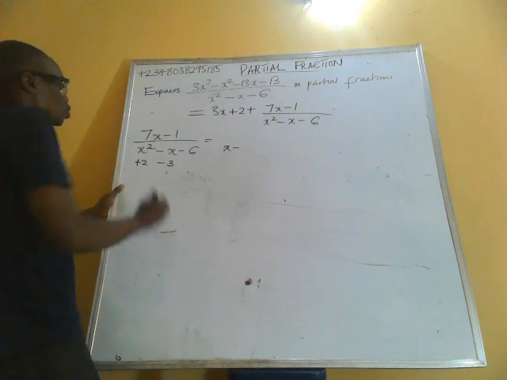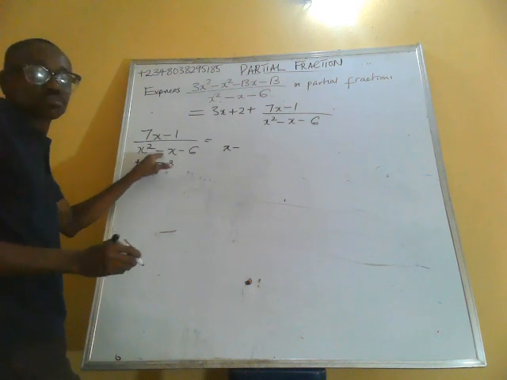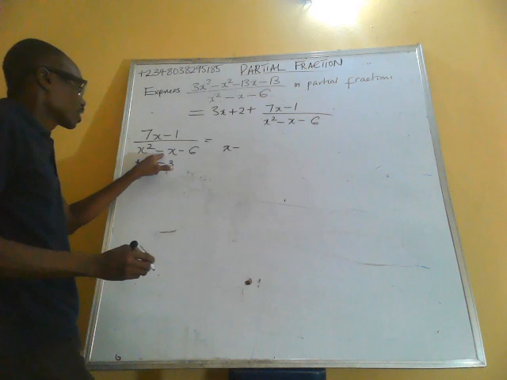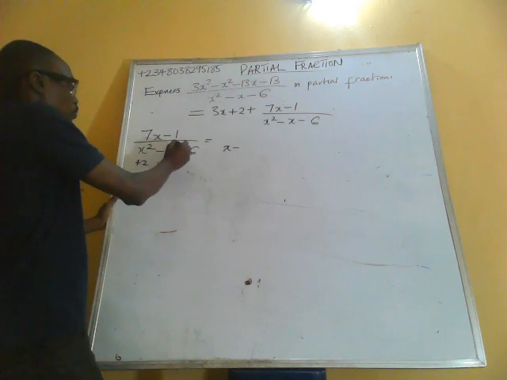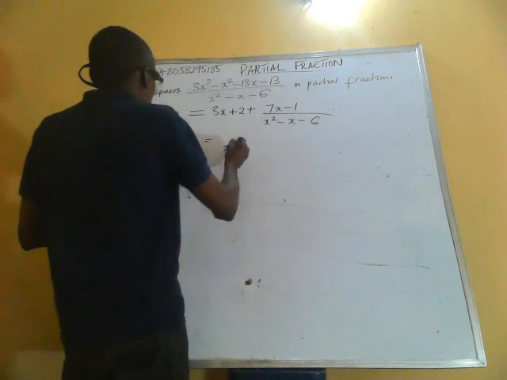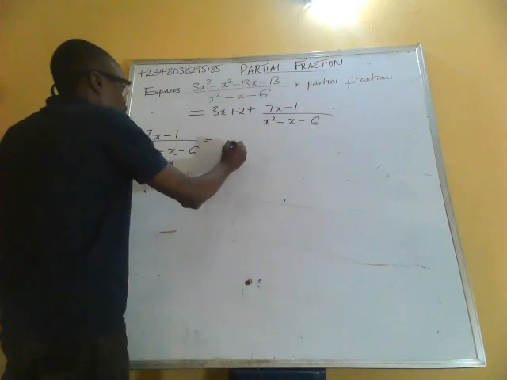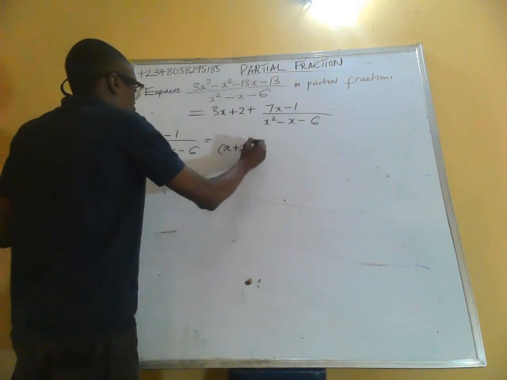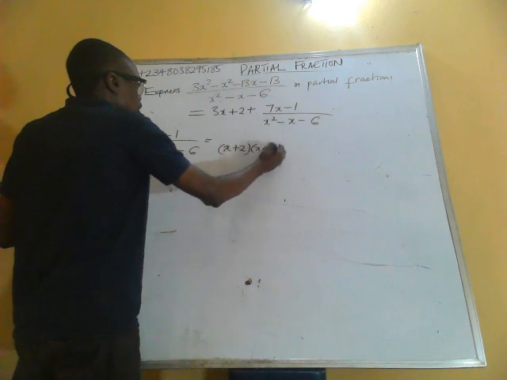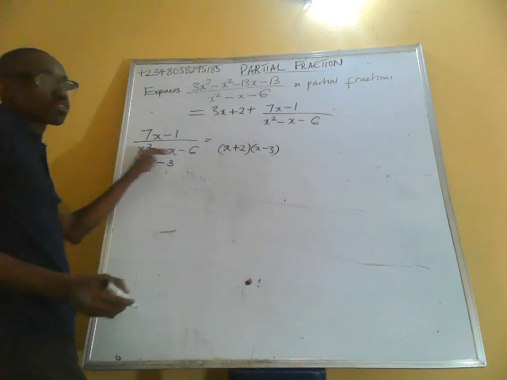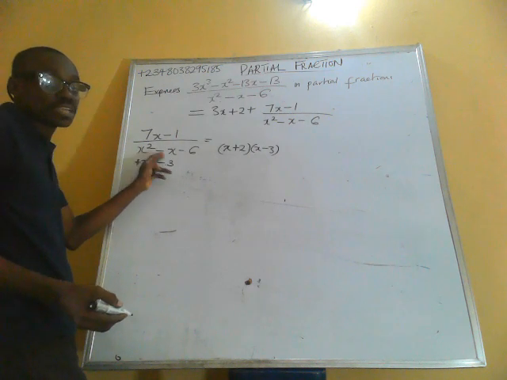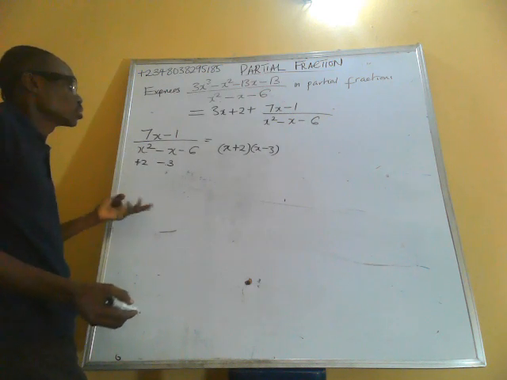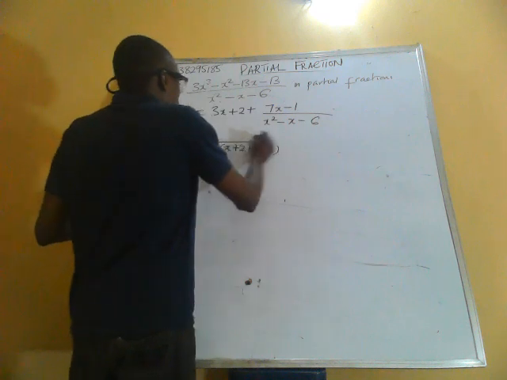Plus 2 minus 3 gives you minus 1, and plus 2 times minus 3 gives you minus 6. So we have x plus 2 and x minus 3 as the factors, which I've already explained how you can solve. In case you still have challenges, let me know, and I can teach you that in a separate video.